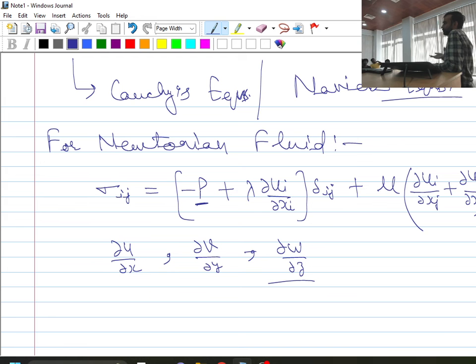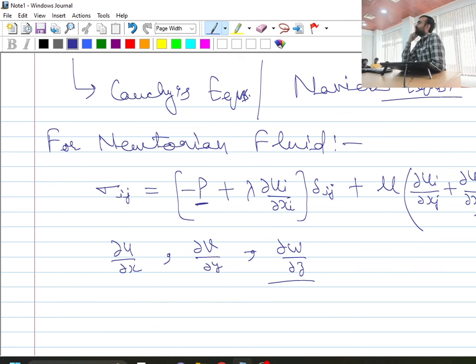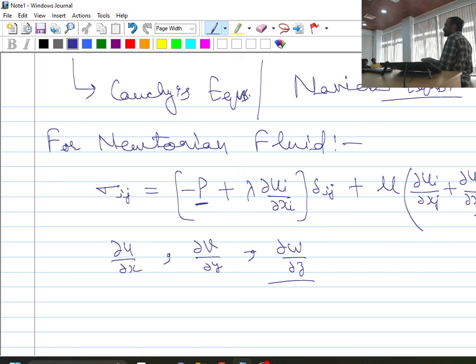In shear form, shear stress is equal to modulus of rigidity times gamma, the shear strain. In case of fluid also, we should have some modulus of elasticity kind of constant, which will be helping us in developing the relationship between stress and strain.